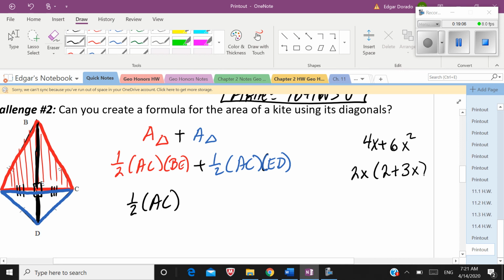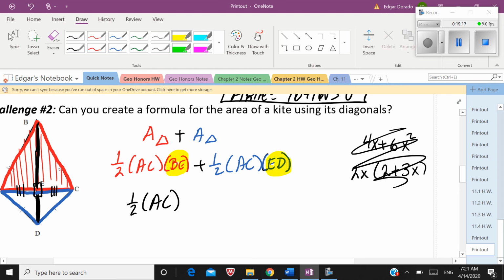That's what we would be left over. Well, what's left over in this particular problem? Well, what's left over here is going to be that BE and that ED. So what's left over is BE plus ED.